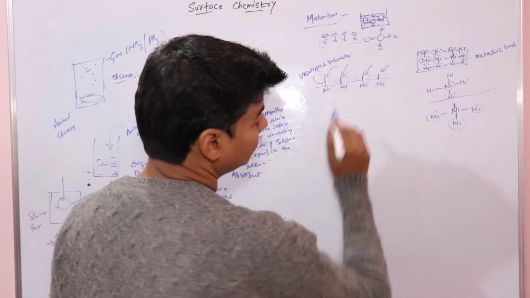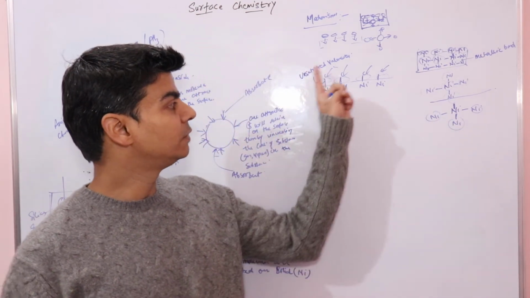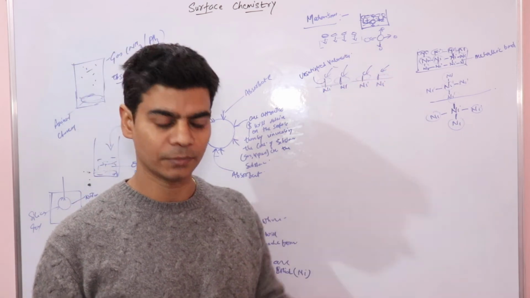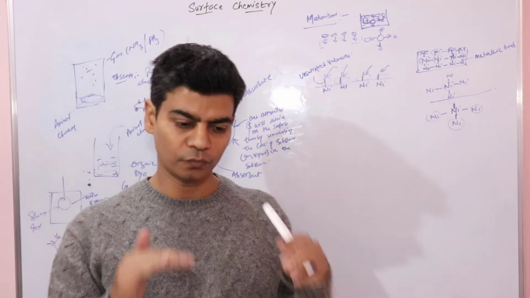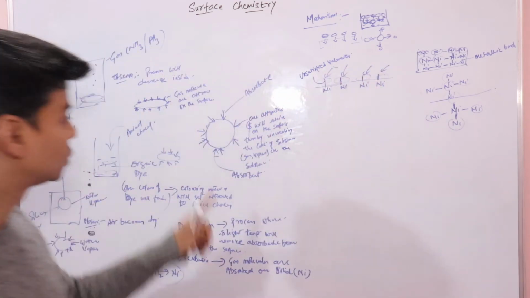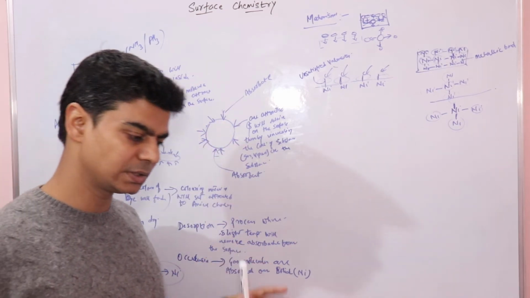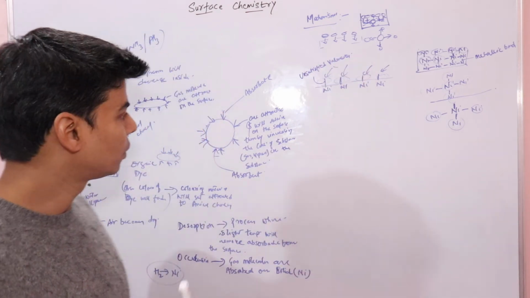Since the metal or the solid at the surface has these unsatisfied valencies or residual forces, due to these unsatisfied valencies the surface of the metal or the solid is very reactive. The surface is reactive due to the presence of these unsatisfied valencies or residual forces.